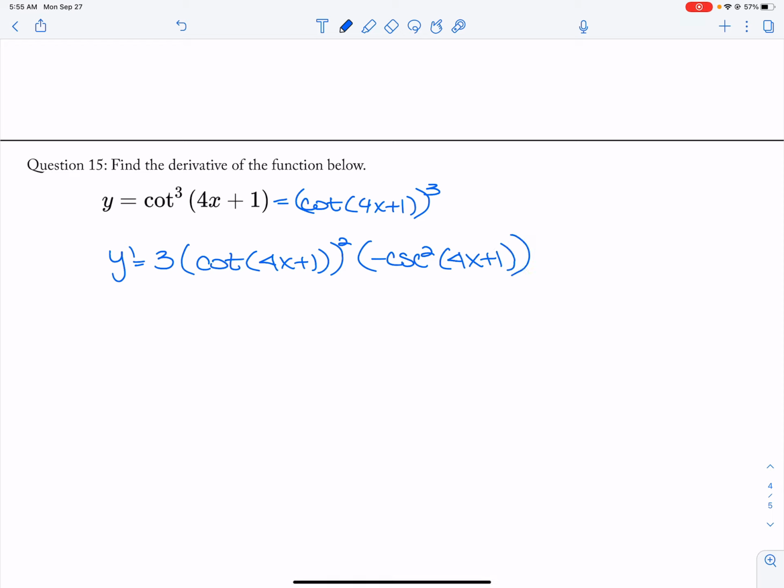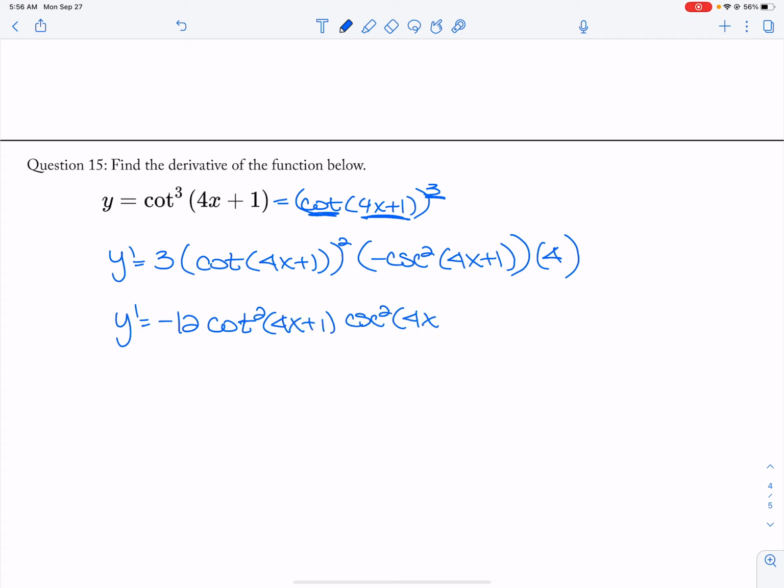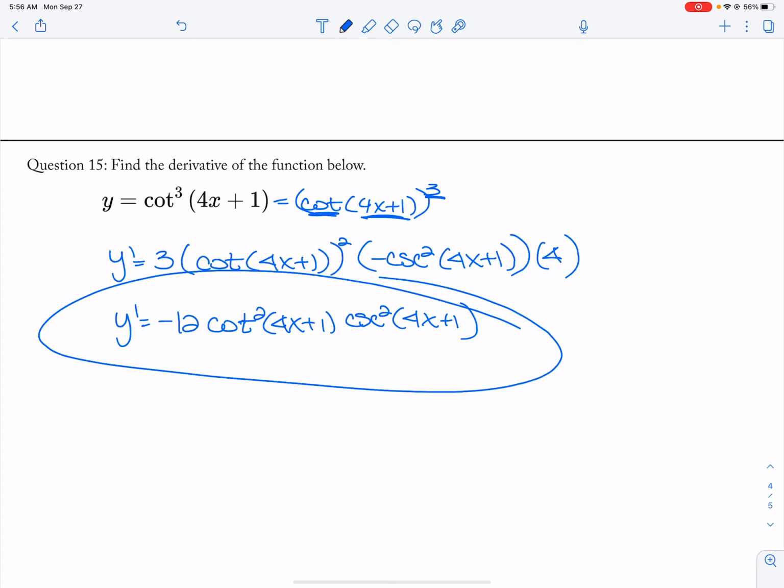And then the next inside, the derivative of 4x plus 1, which is 4. I just work my way inside, like those little dolls that keep getting smaller. So I go cubed, then cotangent, then 4x plus 1. Then I can combine this, so y prime is negative 12 cotangent squared of 4x plus 1 times cosecant squared of 4x plus 1. Okay? And that is it for this section.